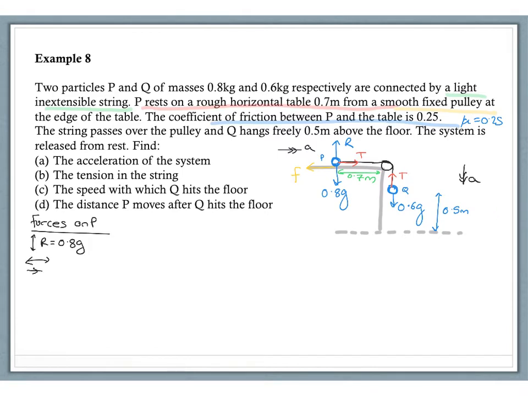So let's take going to the right as the positive direction. We then have the tension in the positive direction, take away the friction, is equal to the mass of P, which is 0.8 multiplied by its acceleration.